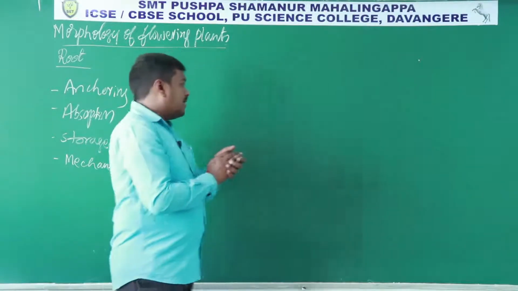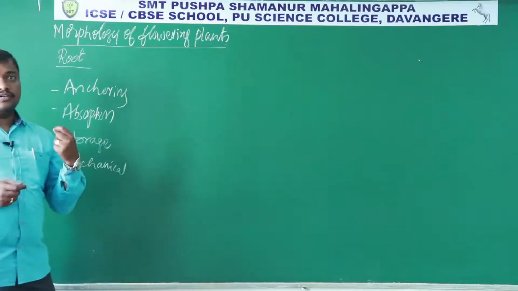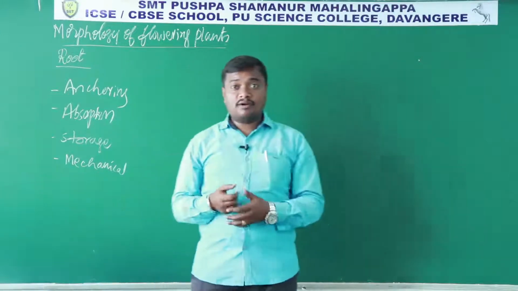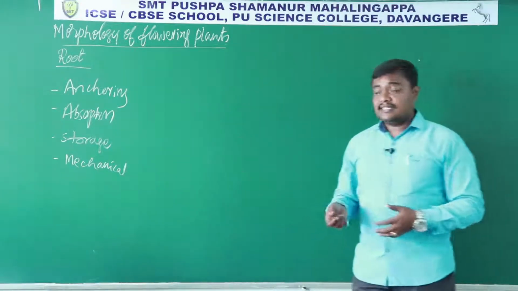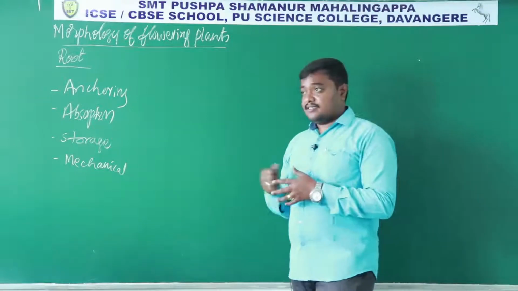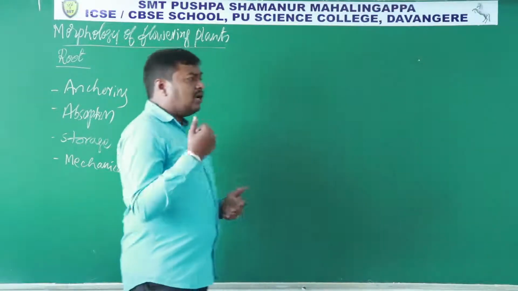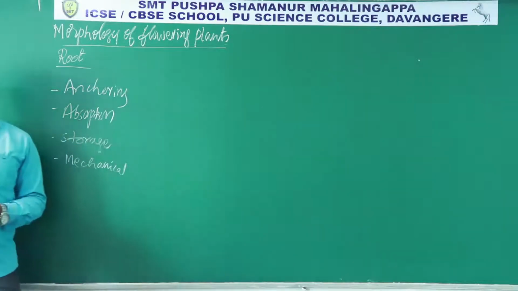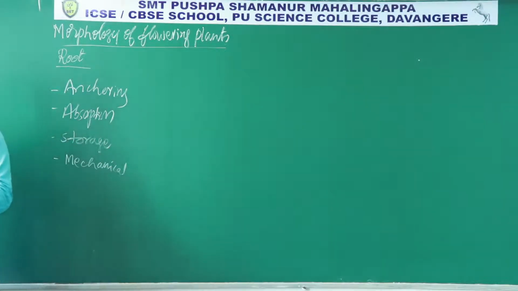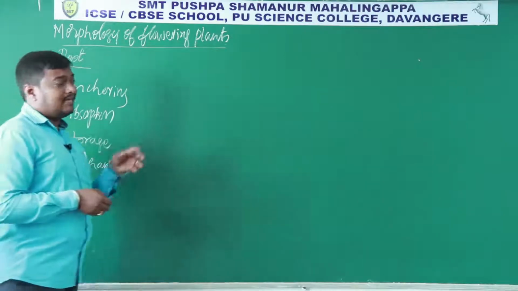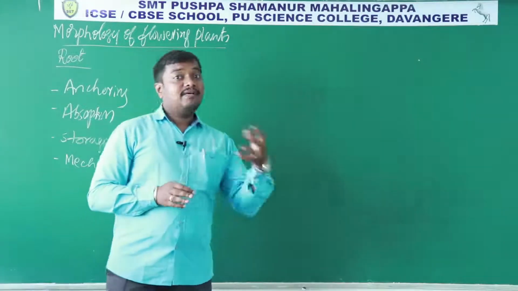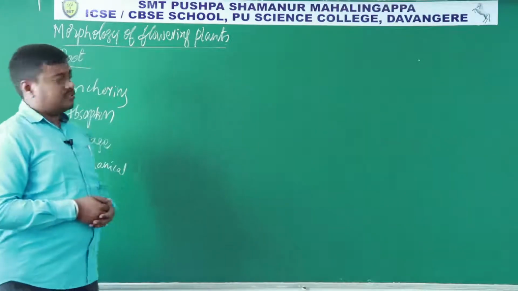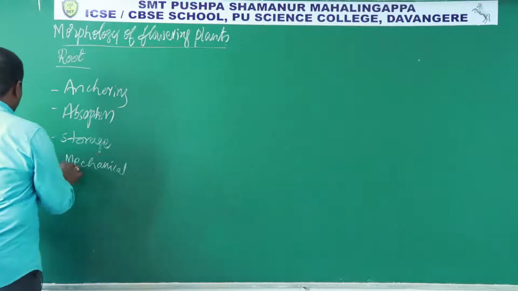Then we discussed the thin, wiry, strong roots produced at the lower internodes of plants like maize and sugarcane, called stilt roots. Apart from stilt roots, we also discussed clinging roots, which help in climbing, as in betel vine, or in orchids. So these are the things we discussed yesterday.